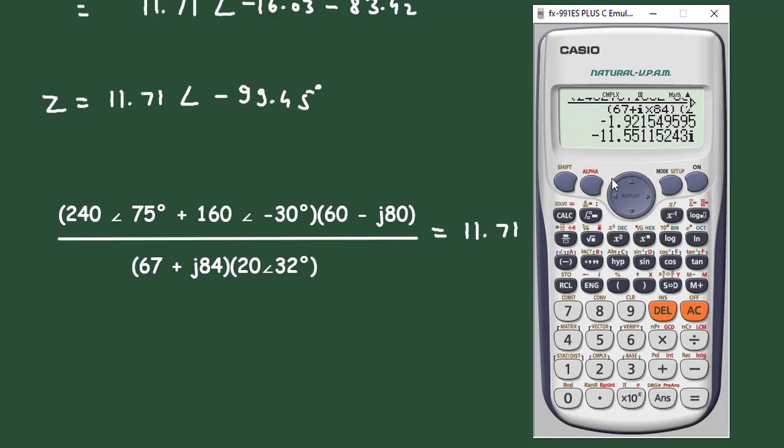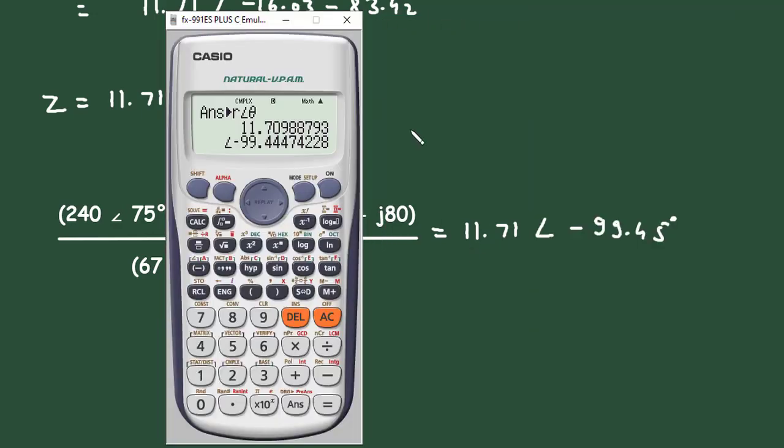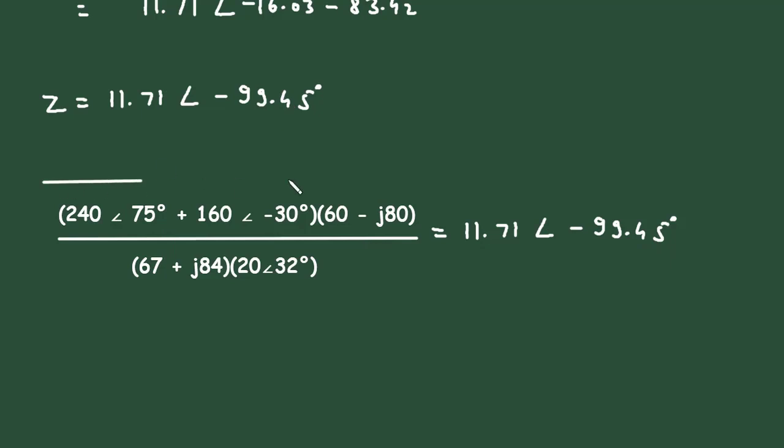So this is this value in rectangular form. In polar form, shift 2 3. So it is 11.71, 11.70 or 71, both are correct, approximately same, at an angle minus 99.45. So hence our answer is correct.